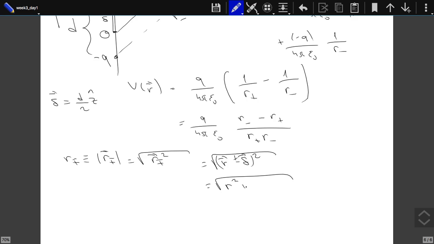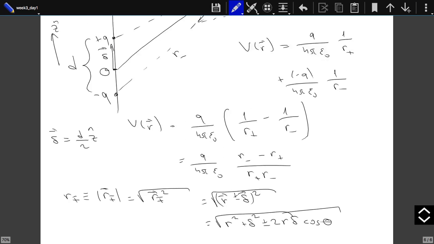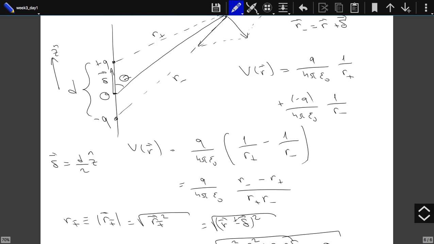Square root of r squared plus delta squared. Well, I have the square of this one, the square of this one. So these two terms do not depend on this sign. Then I have the plus or minus twice the product of those two: plus or minus twice r times delta times cosine theta. I have the scalar product of two vectors, which is defined as multiplying their magnitudes, multiplied by the cosine of the angle between the two.